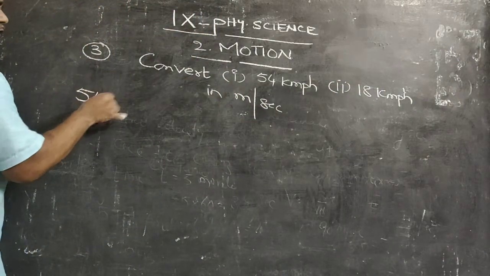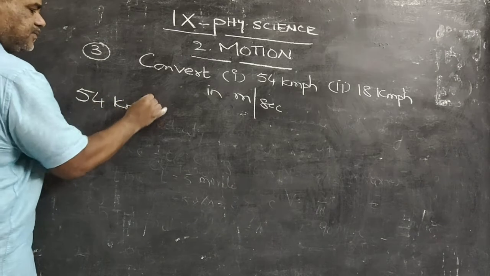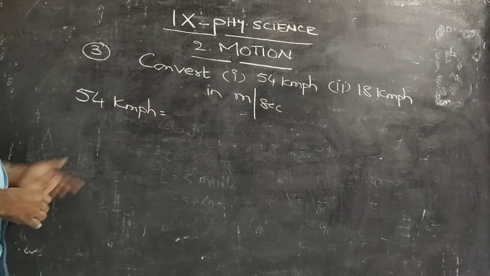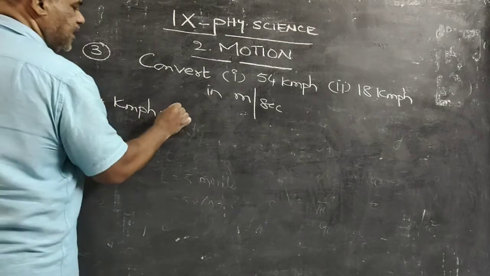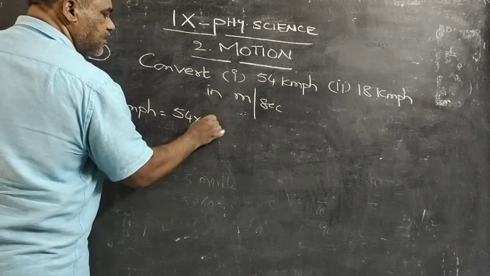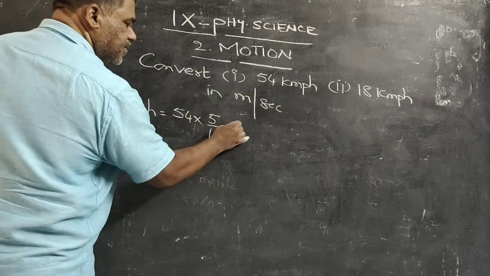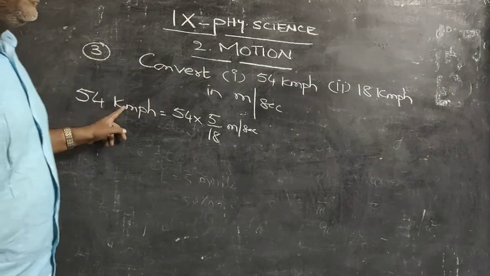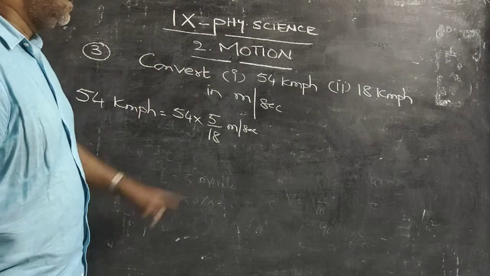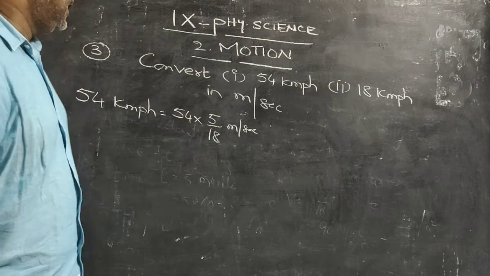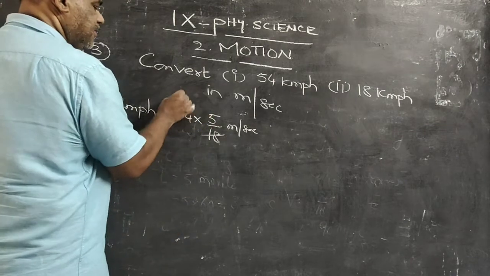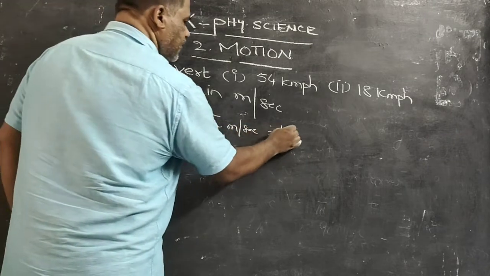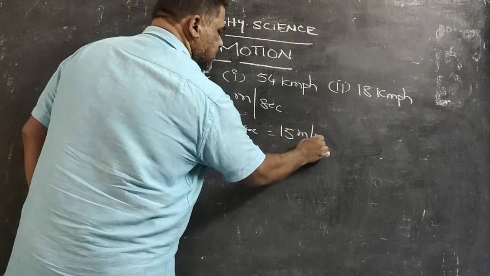So 54 kilometer per hour. If you want to convert kilometer per hour into meter per second, we have to multiply by 5 by 18. Kilometer per hour can be converted into meter per second by multiplying by 5 by 18. Now 18 threes are 54. So it is 15 meters per second.